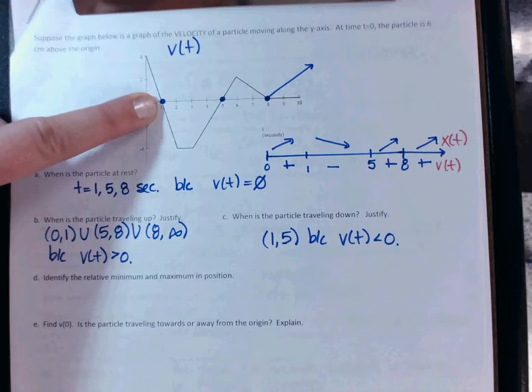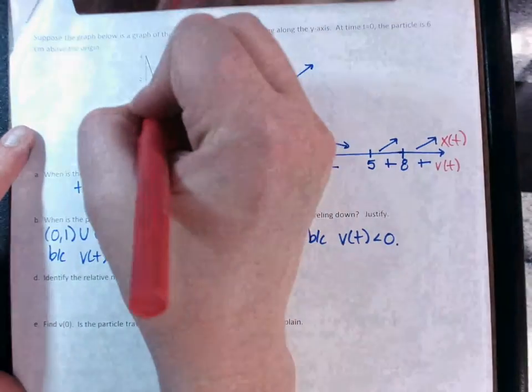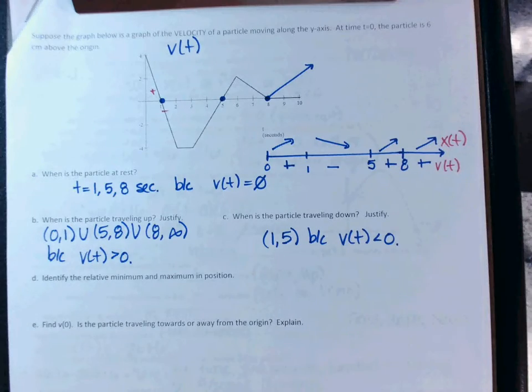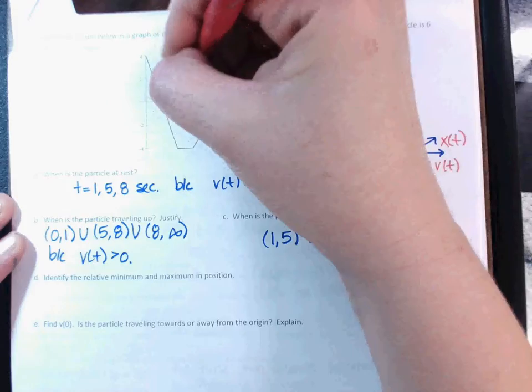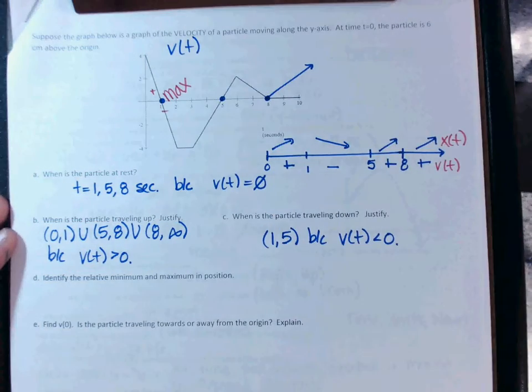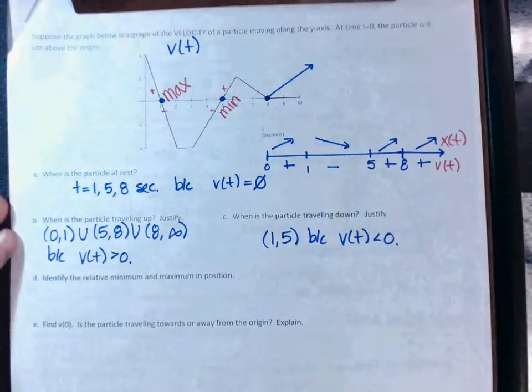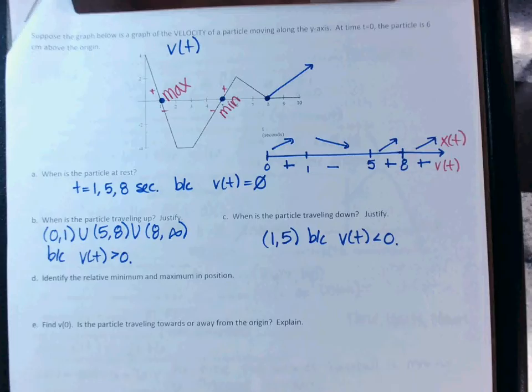It's positive, then it's negative. So think about a positive slope to a negative slope. What did that outline, a max or a min? Max. What about at 5? It changes from negative to positive. That's a min. What about at 8? Neither. Very good.